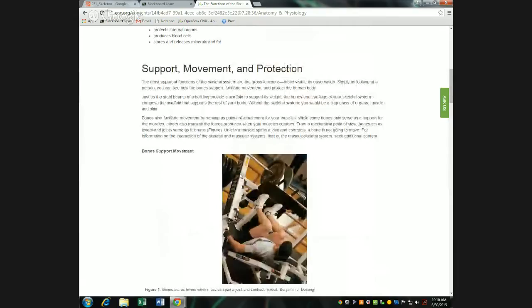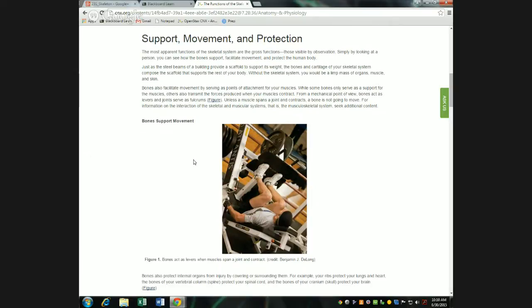I just went quickly over the support, movement, protection stuff. It just seems like that's almost self-evident when we think about the skeleton. It's the structure of your body. When you move, you're moving your bones. The movement itself is actually the function of muscles, which is a later unit in the course, but they move the bones relative to each other.